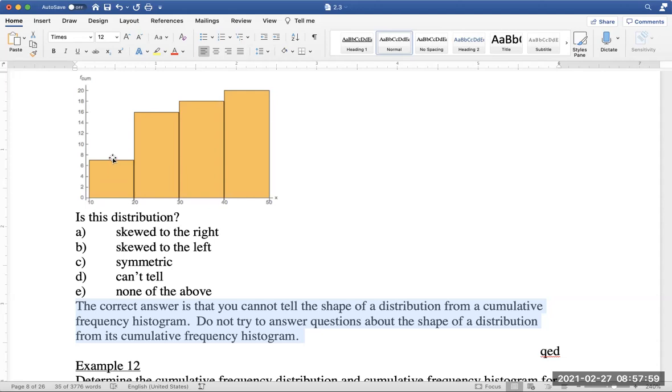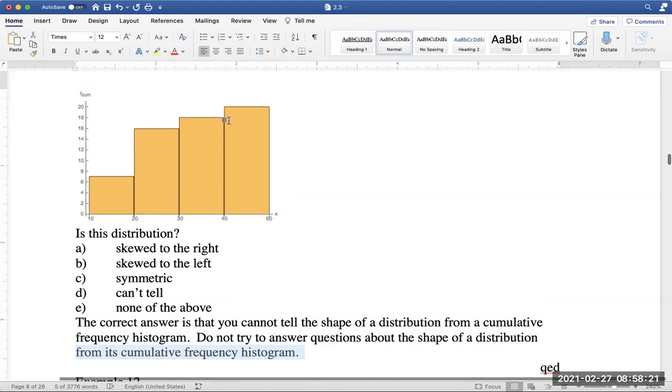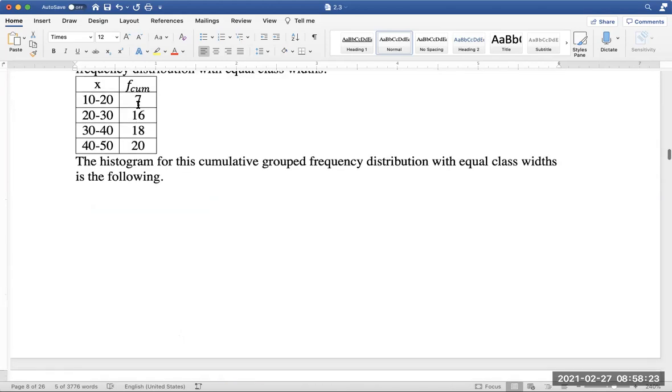So from this, you can't tell if it's symmetric or if it's skewed or not. So do not try to answer questions about the shape of a distribution from its cumulative frequency histogram. You cannot tell shapes of distributions from cumulatives. So this is a trick question.